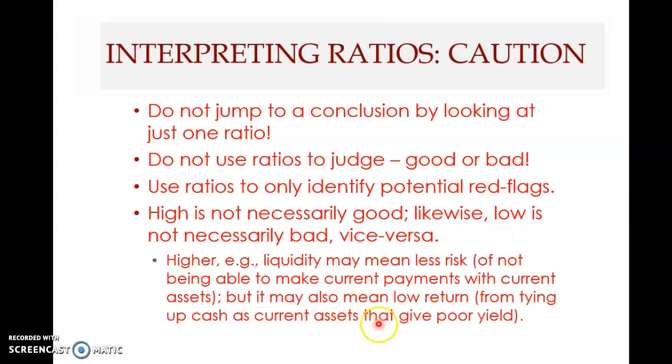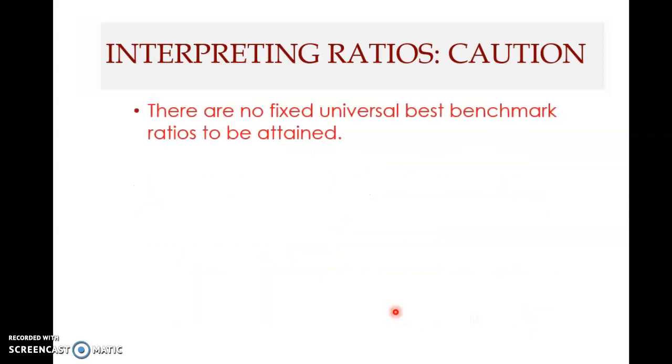Alright, so you need to look at the ratio. A higher ratio may not necessarily mean good, because it has some good aspects and may be traded off with some bad aspects as well. So you must consider both. Alright, there are no fixed universal best benchmark ratios to be attained. For most ratios, you can't state clearly that if it is this ratio, let's say 2.5, then it's good, and if it's beyond 2.5, then it's bad.